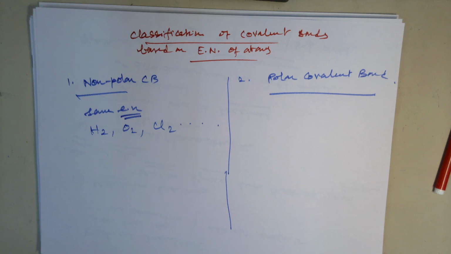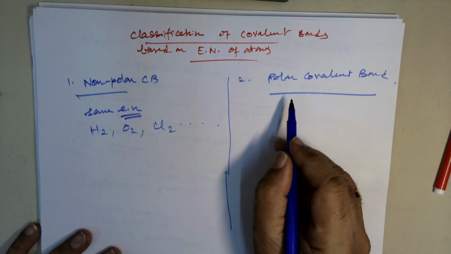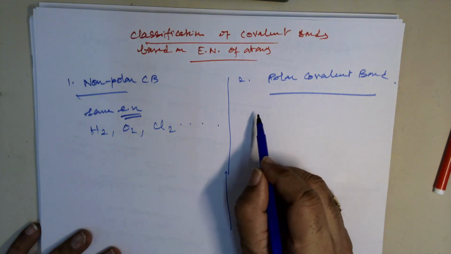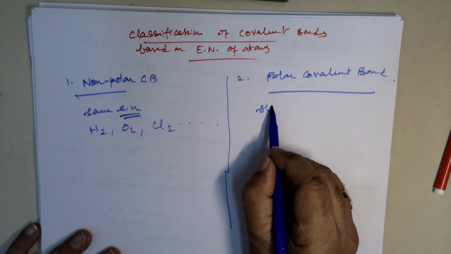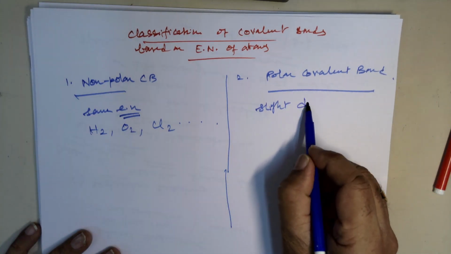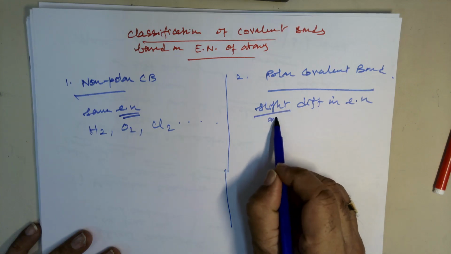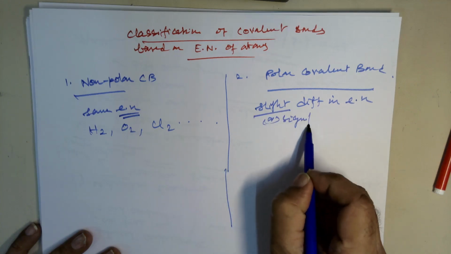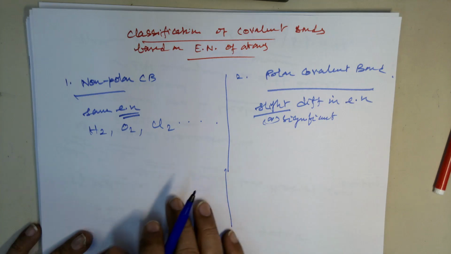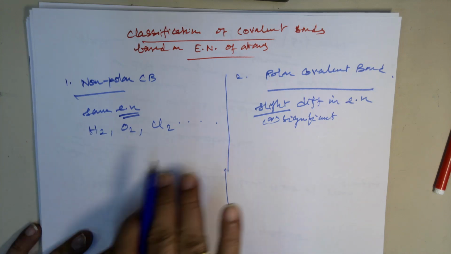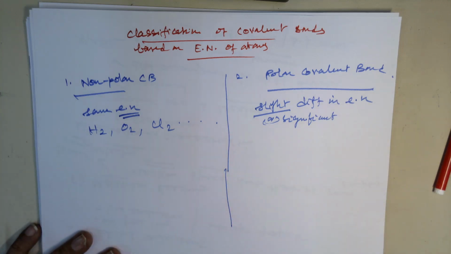But in the case of a covalent bond formed between atoms having a slight or significant difference in electronegativity, such bonds will try to shift the pair of electrons towards the more electronegative atom.